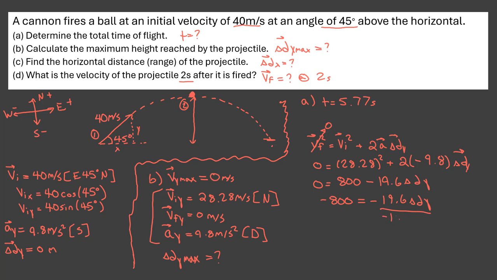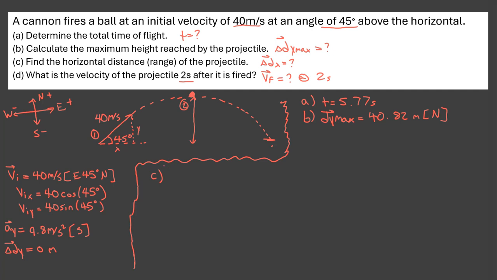Divide both sides by negative 19.6. And that'll give me a final displacement of approximately 40.82 meters, which represents that maximum height. Okay, so therefore the maximum height reached by the projectile or the ball is 40.82 meters.